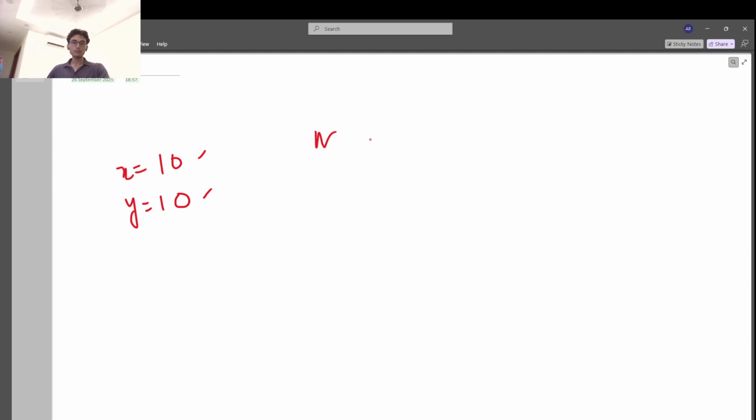N can be anything from 1 to, let's say, 10. So we have to allocate these 10 units of X and 10 units of Y between 10 people in such a way that everyone is satisfied with the allocation given their preferences.